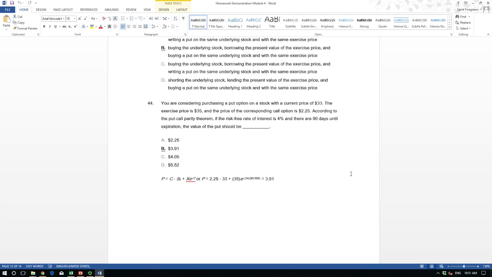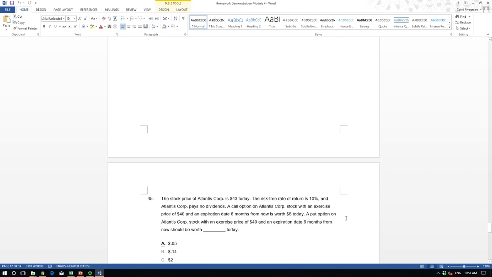So call option price $2.25 minus stock price $33, plus X, the exercise price $35, discounted using continuous compounding, e to the minus 0.04, that's the risk-free rate, times 90 days left divided by 365. That will be the T in that option. That will give you $3.91 as the put option price.